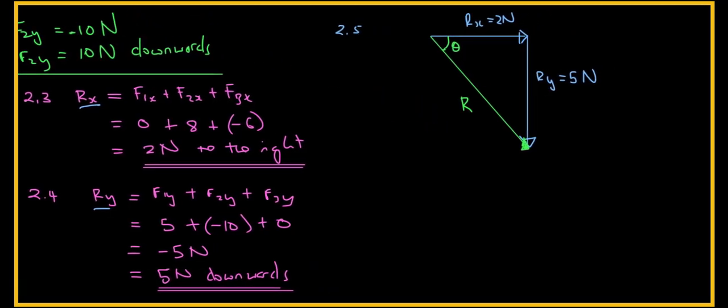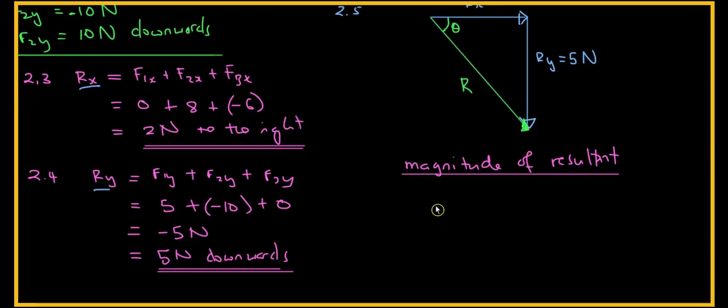Okay, cool. Now, how do we find the resultant here? We'll say the magnitude of resultant. I know I need to use my Pythagoras theorem. So I'll say R would be equal to the square root of my Rx squared plus Ry squared.